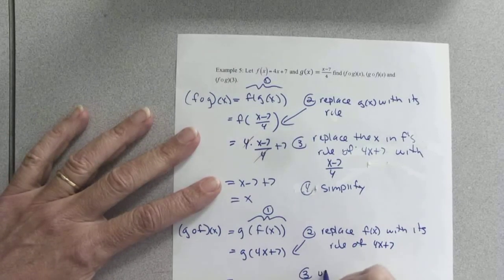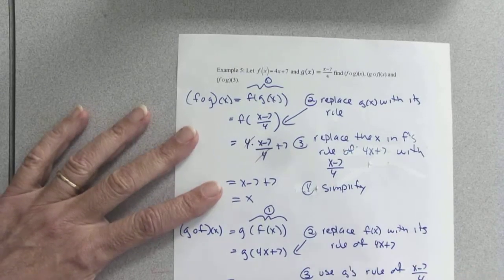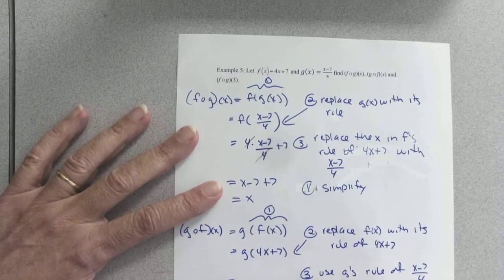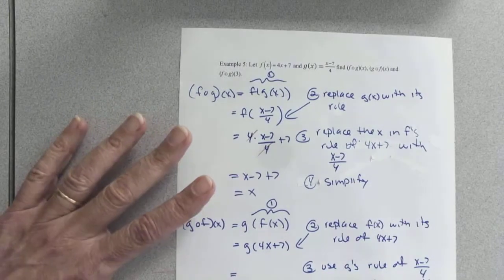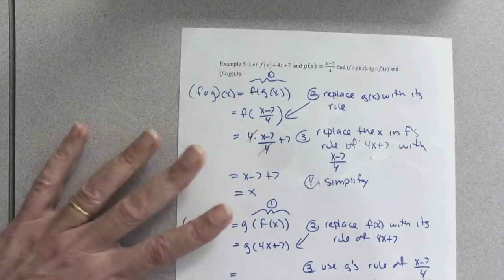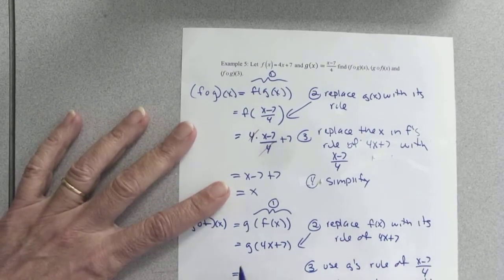Then step 3, use g's rule of x minus 7 over 4, replacing the x with whatever I have in parentheses, 4x plus 7. So, use that rule.